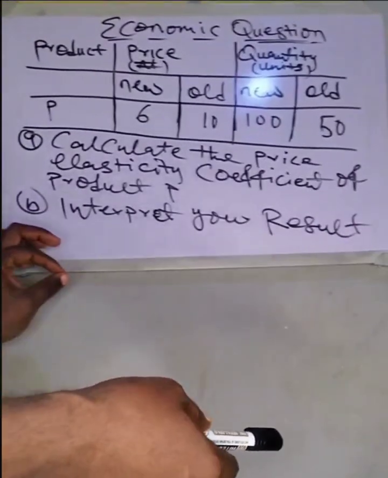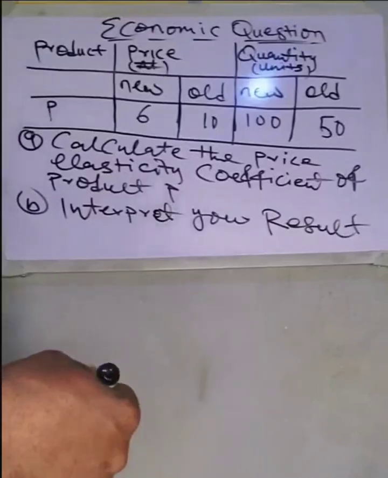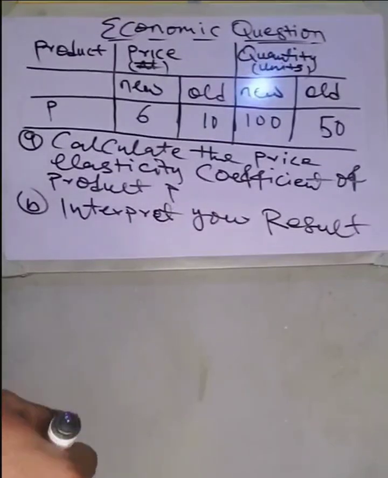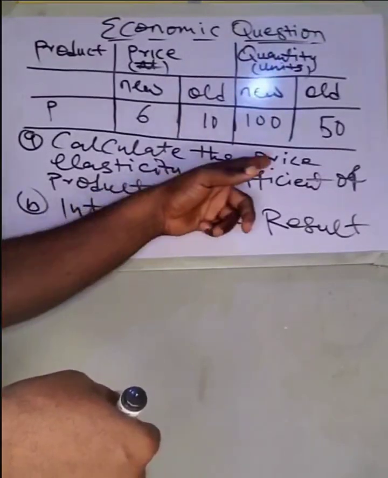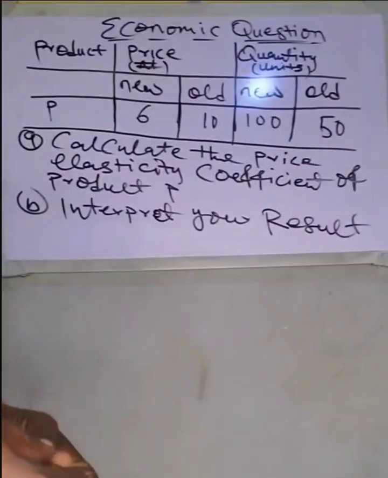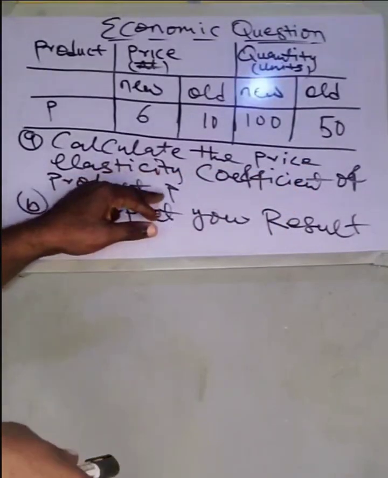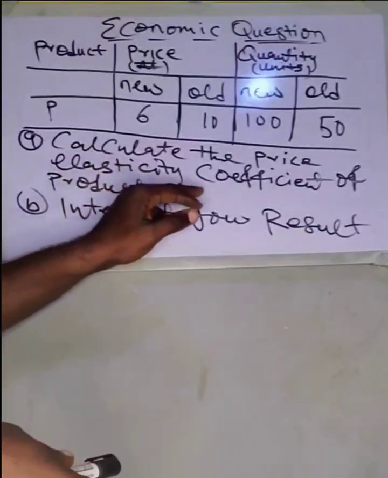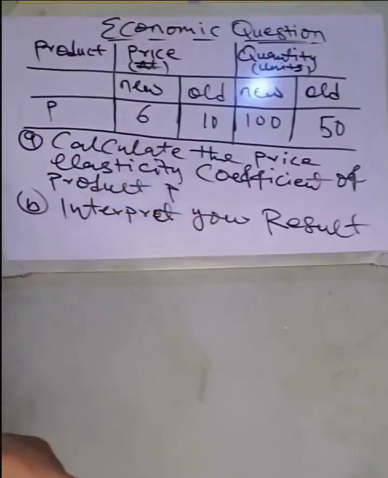understand the method to use to calculate and measure the price elasticity coefficient of any given product. Product can be P, product can be C, product can be D, and product can be E. It can be any product.